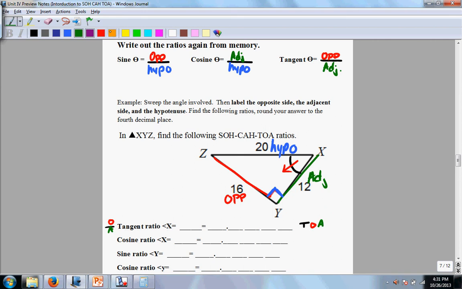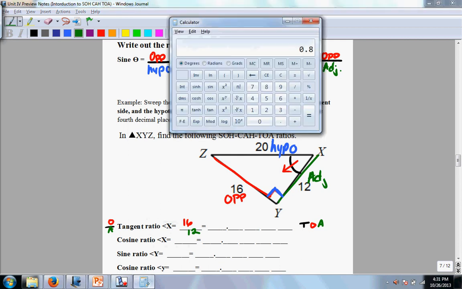So in this case, our opposite is going to be 16. Our adjacent is going to be 12. So the tangent ratio of x is going to be 16 divided by 12. Take it to the fourth decimal place, 1.33 repeating.